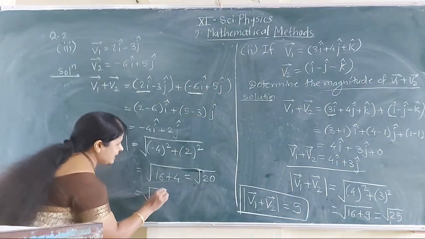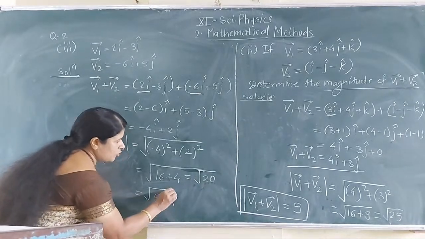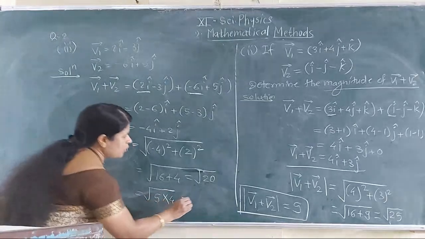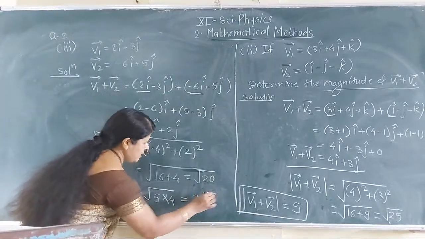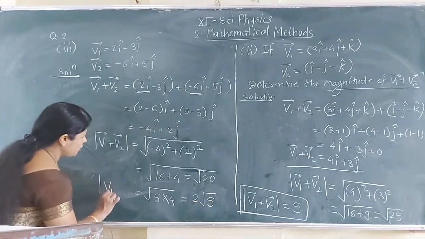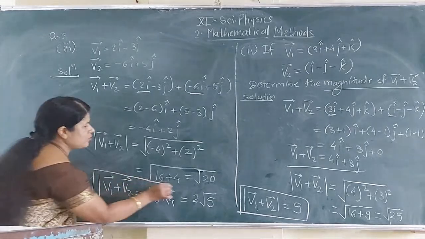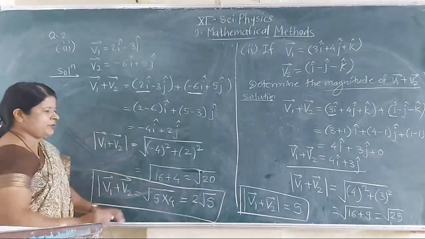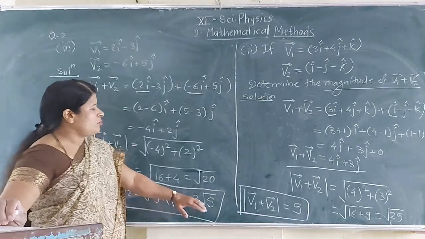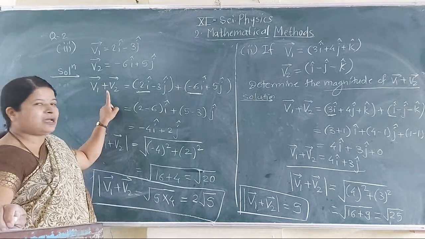We can write it as 5 multiplied by 4, and the square root of 4 is 2, so we get 2 root 5. So the magnitude of vector V1 plus vector V2 is equal to 2 root 5. Now we have to find out the direction of vector V1 plus vector V2.